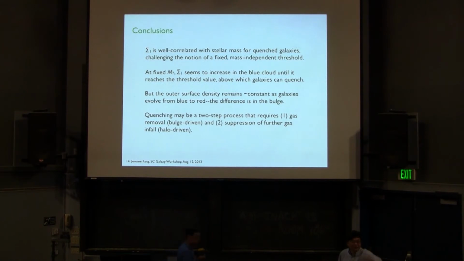Your last point, quenching as a two-step process, sounds completely reasonable. But if there was a time scale for quenching, then the surface density would go up, and it would take time to move from the blue cloud to the red cloud. Could you say that one more time? So surface density rises.